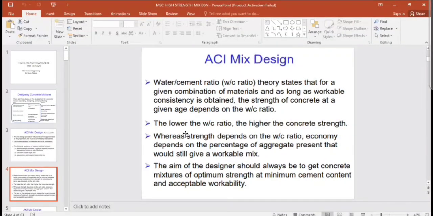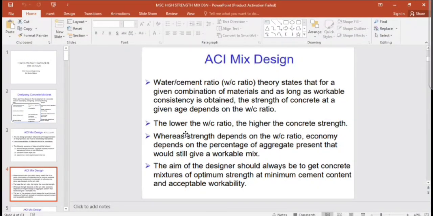In ACI mix design, the water to cement ratio theory is very important. It determines how much water you are going to add into the concrete. This water will be responsible for the strength characteristics of the concrete. If you add more water, although this will add to the workability, for sure it will compromise the strength.